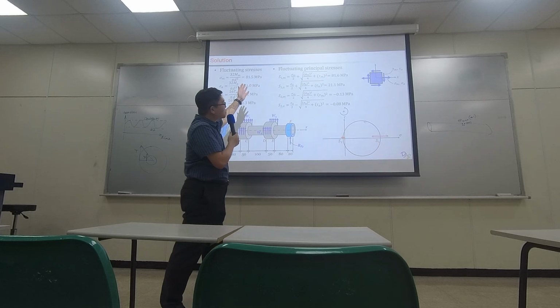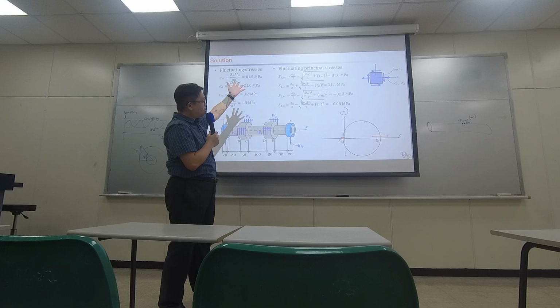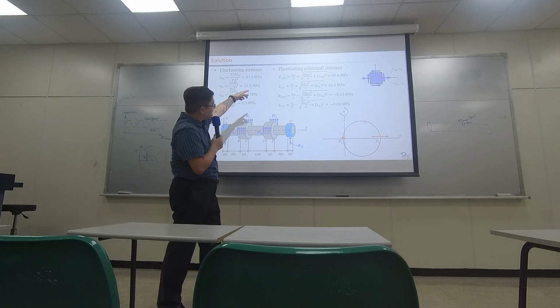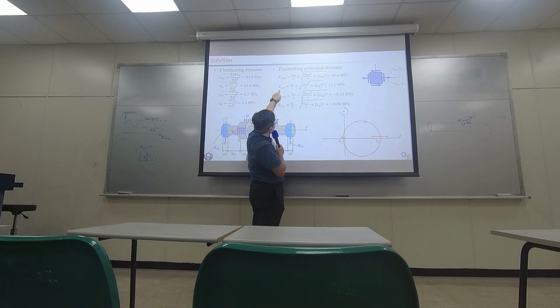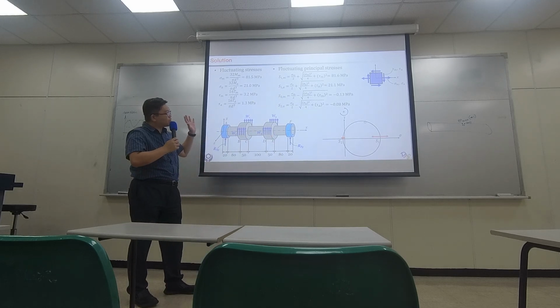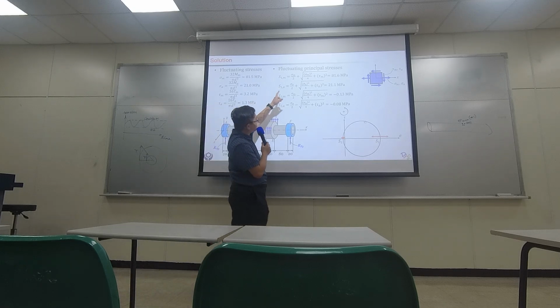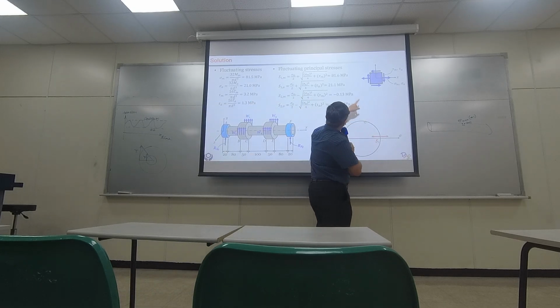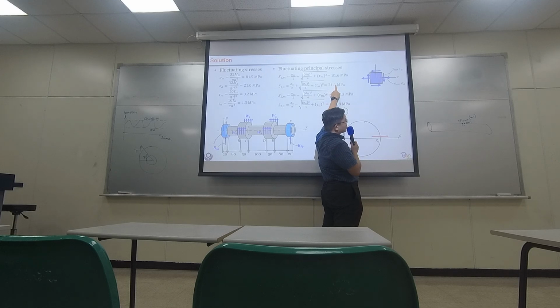So I did the whole thing, and then I figured out this is the first principal stress and the second principal stress. This is the first one, the mean value, second is the amplitude. So you do all that. Once you complete that, you realize the principal stress 1 has a mean value of 81 megapascal plus and minus 21.